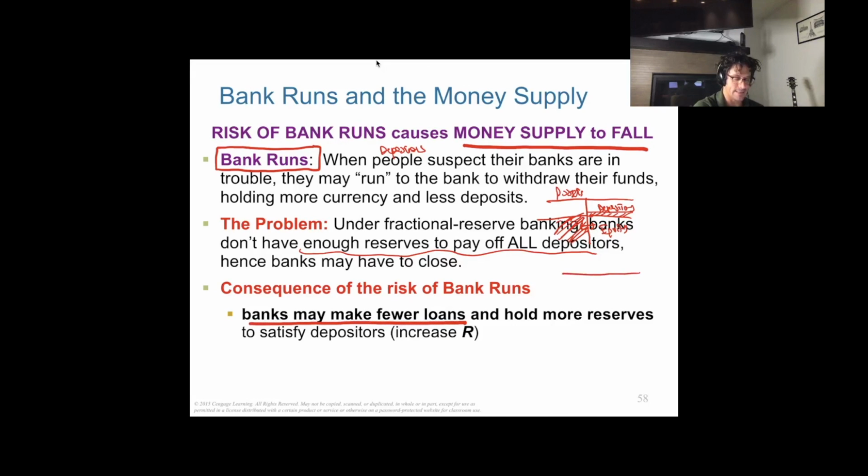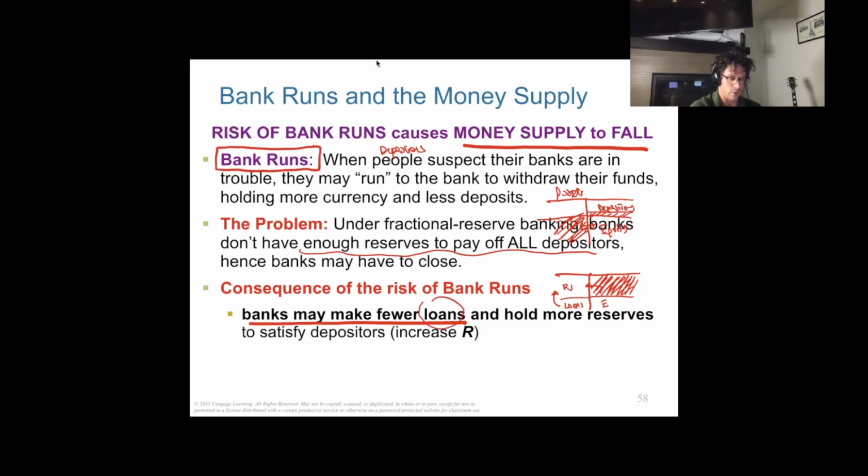Let's suppose this is equity, these are reserves, and these are loans. Suppose the bank suspects that all its depositors want to run on the bank and get their money back. Well, in this case, the bank will put more of its money in reserves just to be able to serve all the depositors. So banks may make fewer loans.